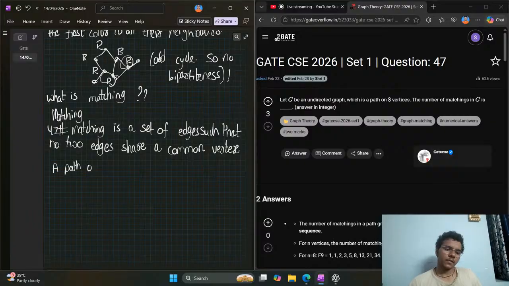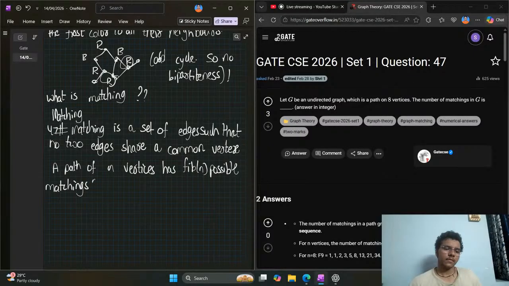A path of n vertices has Fibonacci n possible matchings. Why? 0, 1, 1, 2, 3.